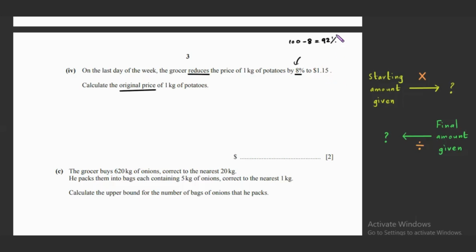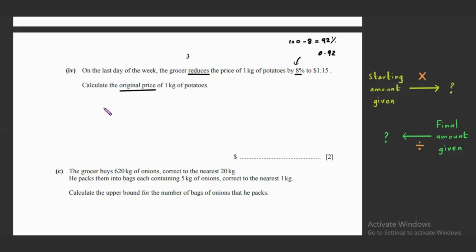So 92% is equal to $1.15. I'm going to write this 92% as a multiplier, as a decimal, which is the same as 0.92. Now, the final amount is given to us, and we are supposed to calculate the original price. So to find the original amount, when the final amount is given, you divide the final amount by the multiplier that we found.